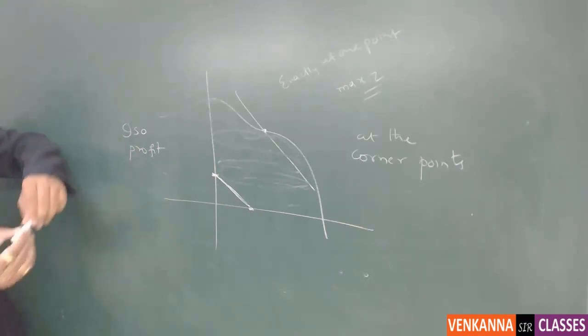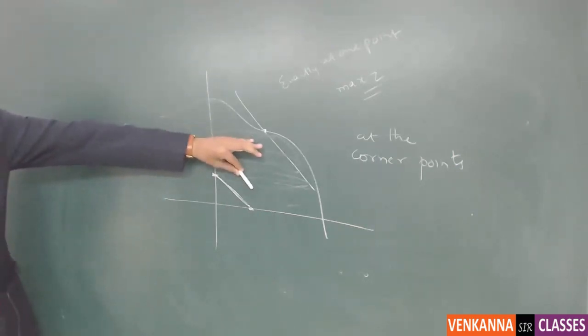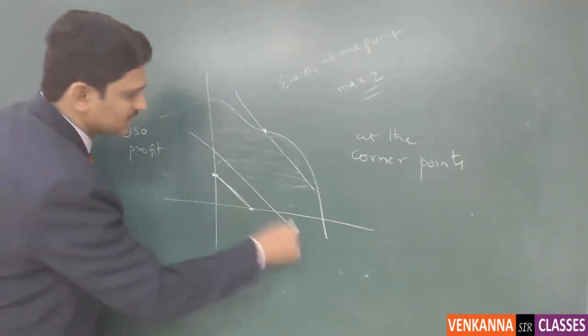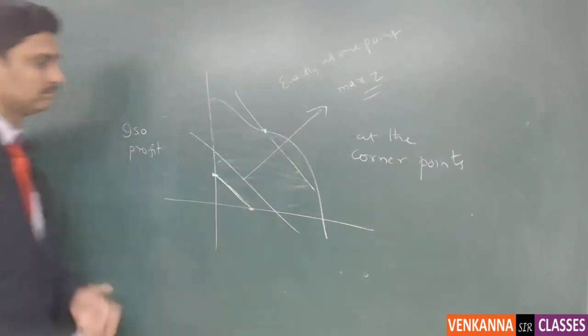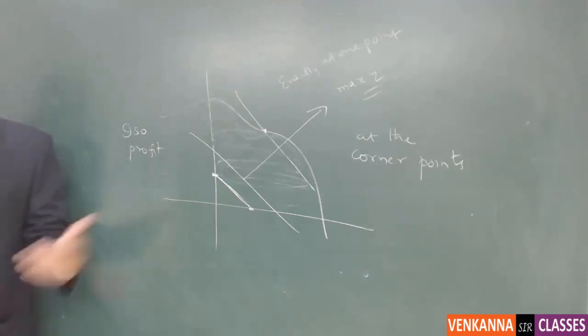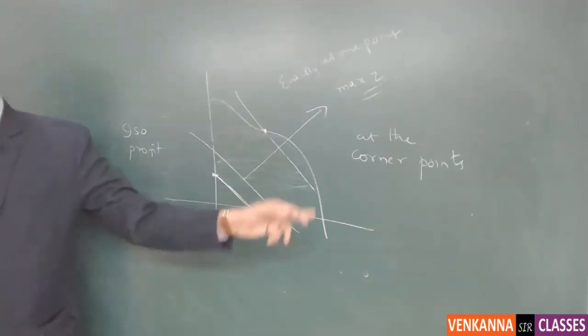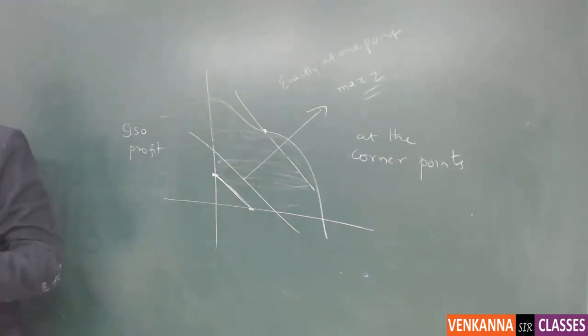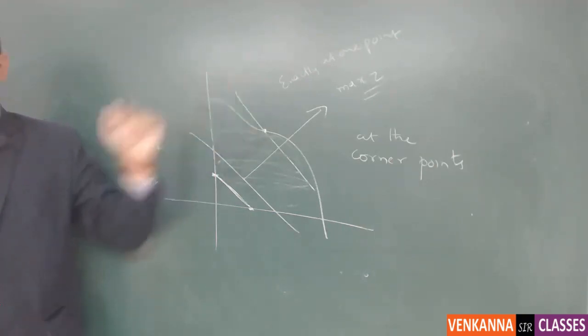Now you are going to draw a parallel line. We call it iso, similar. So the iso line, and you extend this iso profit line like this. It meets the feasible region at the end at exactly one point. Sometimes it meets at 2 points, but always it meets exactly at one point.